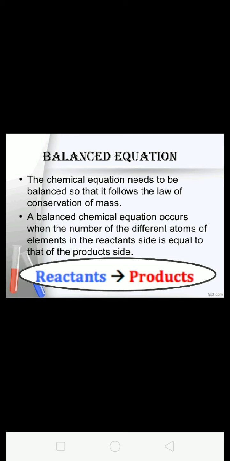A balanced chemical equation occurs when the number of different atoms of the elements in the reactants is equal to the number of atoms on the product side. So total elements combining, total elements formed. New substances are formed obviously, but the number of atoms should be the same. So reactants give products. This is a chemical change.